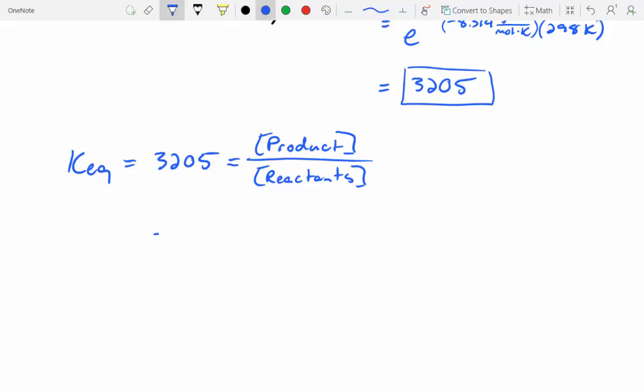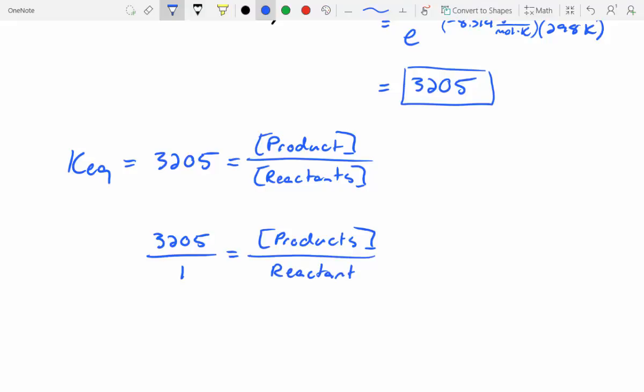We could say 3,205 over 1 is equal to our products over our reactants. How can we solve the percentage of products in equilibrium? What do you guys think? An ice chart? No, we don't even need to do that.